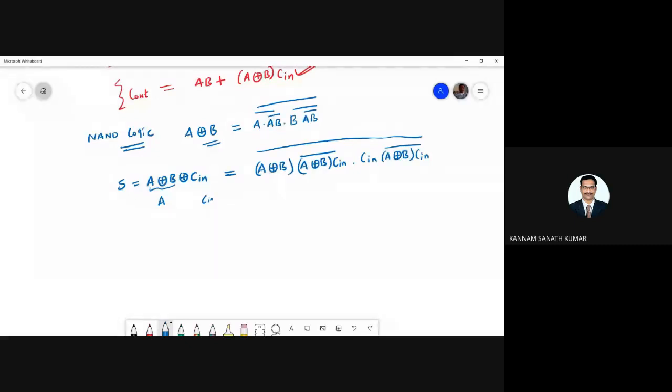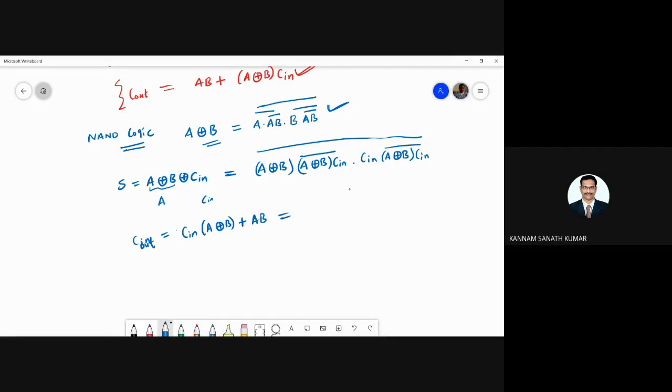So by using this expression, I'm considering A XOR B as one term. Similarly, C out equal to Cin into A XOR B plus AB.